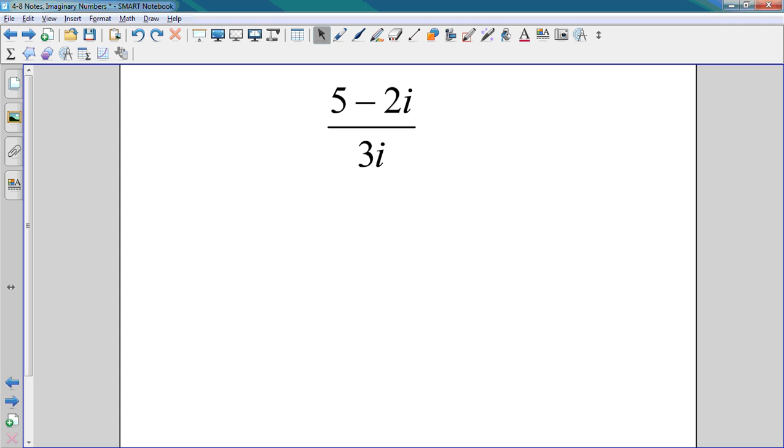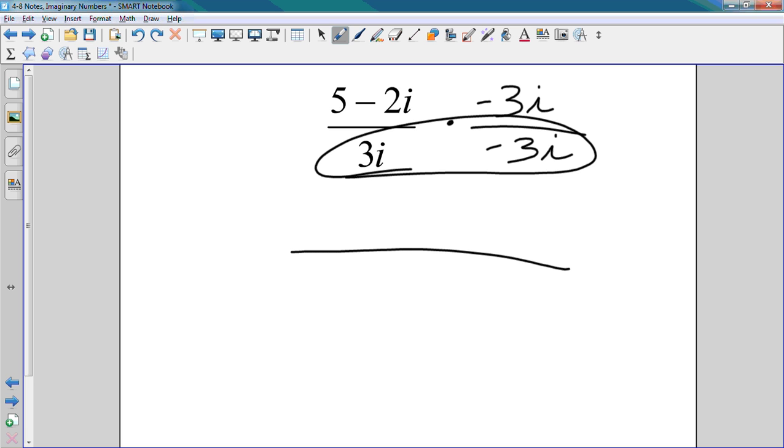So what do I multiply both sides, or the top and the bottom by? Negative 3i over negative 3i, so I can make the bottom an i squared. So I have negative 9i squared, and I have negative 15i plus 6i squared.